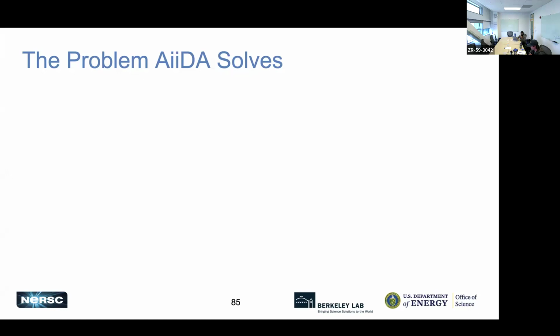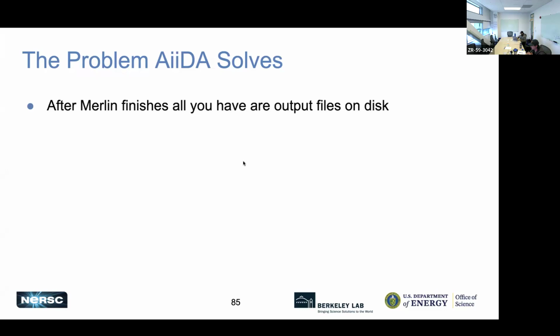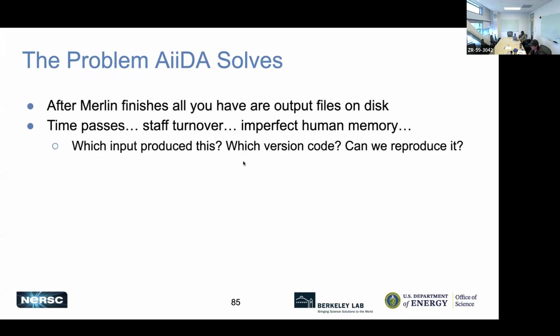As alluded to frequently up until this point, the problem that we're solving is the historical record of what you have run with your workflow manager over the entire course of things. Where did your inputs come from? What commands ran them?